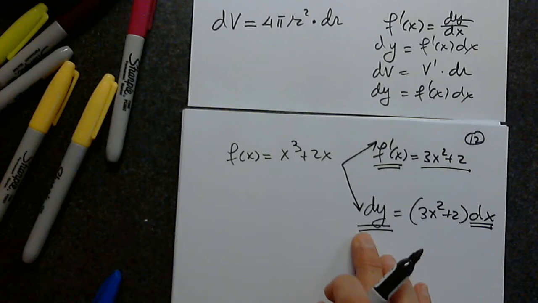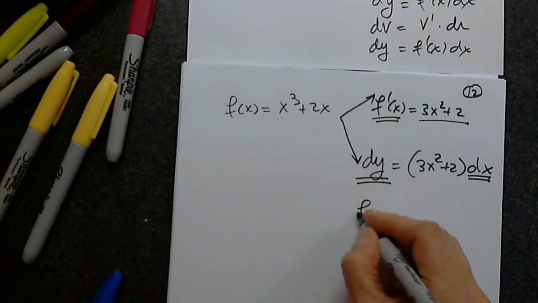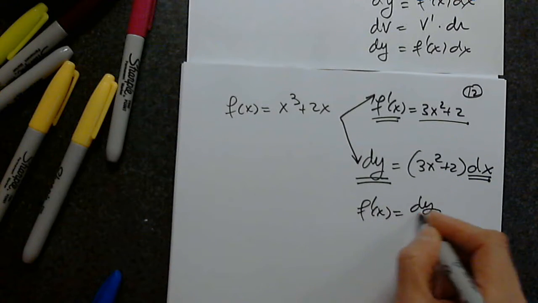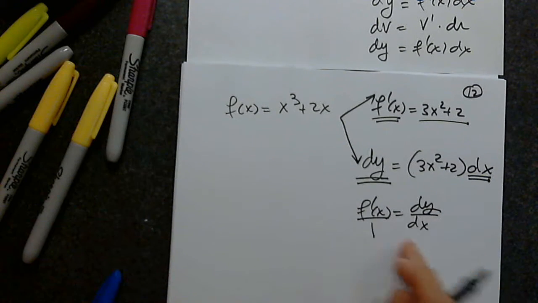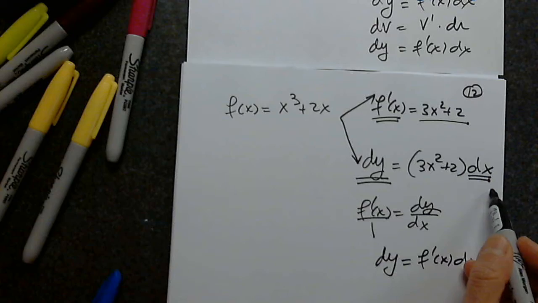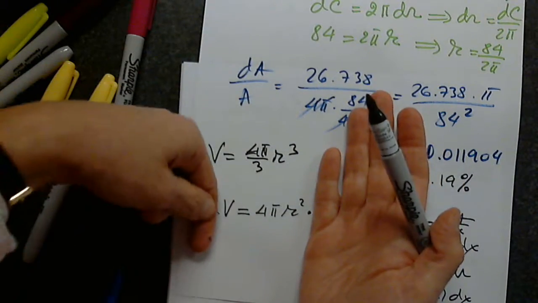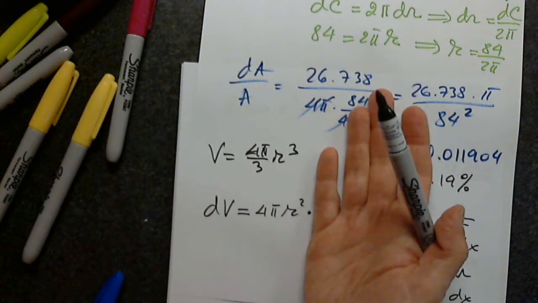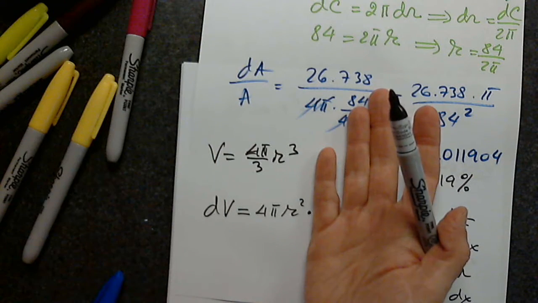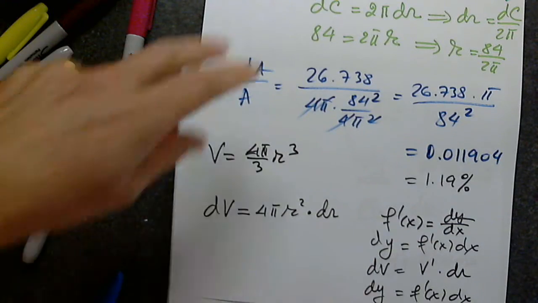Where does this come from? f prime of x equals dy over dx. If you put this over 1 and cross multiply, you get dy equals f prime of x dx. And that's what we have here. So coming back, this is correct, but this is incorrect. I have to finish with dr. Is that better? Okay, perfect.